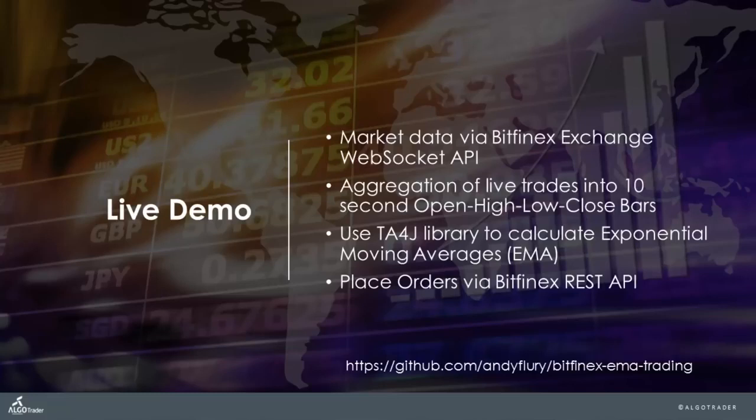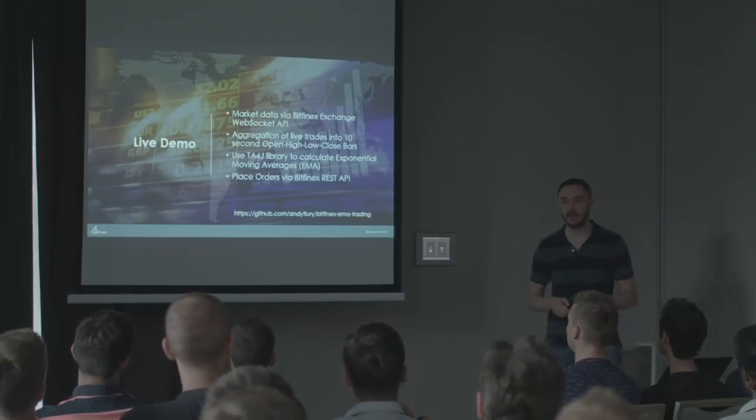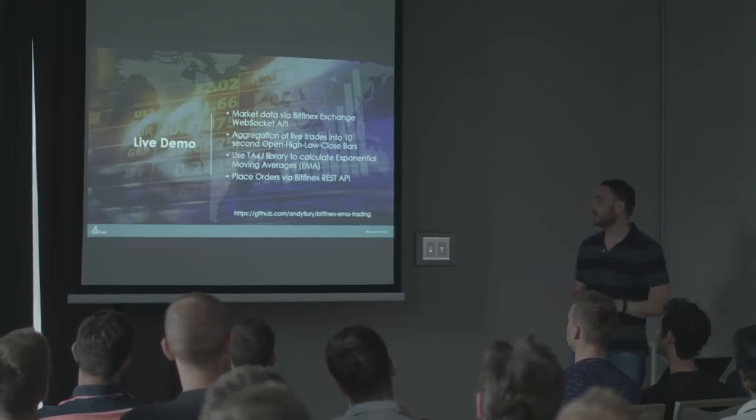The next step is to use the TA4J library to do the exponential moving average calculation. And then the last one is to place orders via the Bitfinex REST API. So, if we're lucky, we'll see some live trades on the Bitfinex exchange.